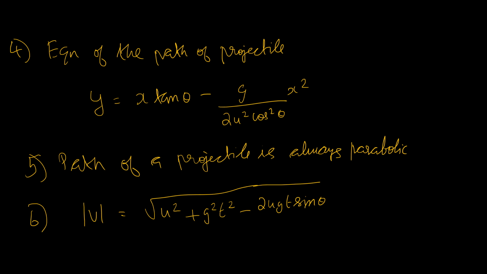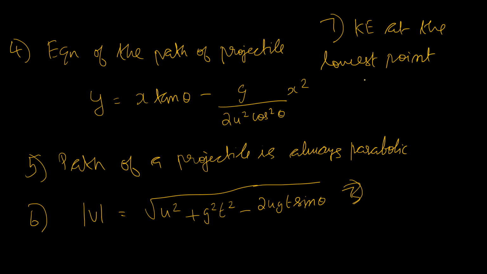Seventh one is kinetic energy at the lowest point. Kinetic energy at the lowest point is given by half m u square.